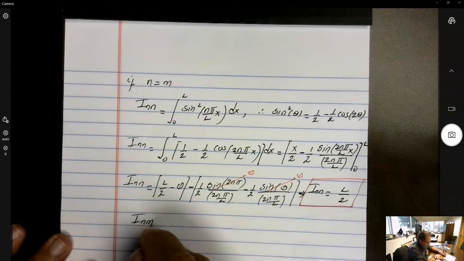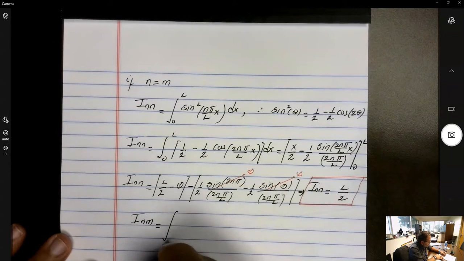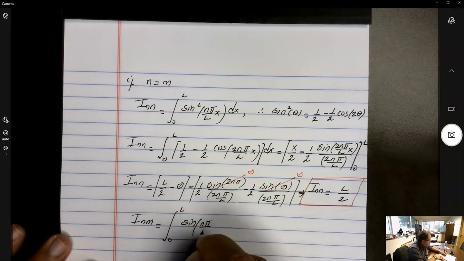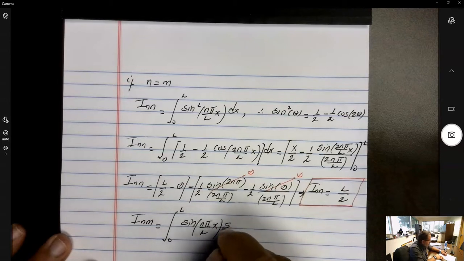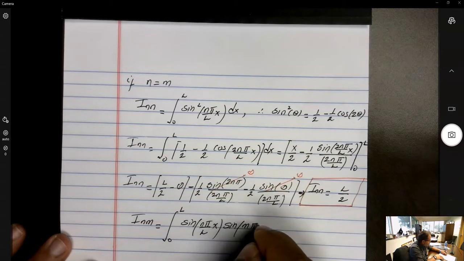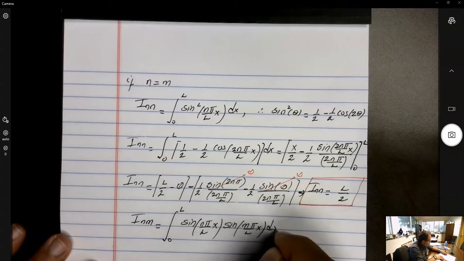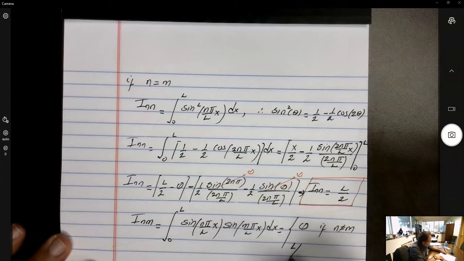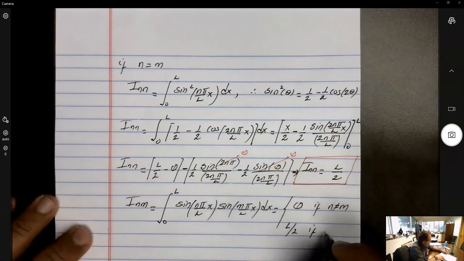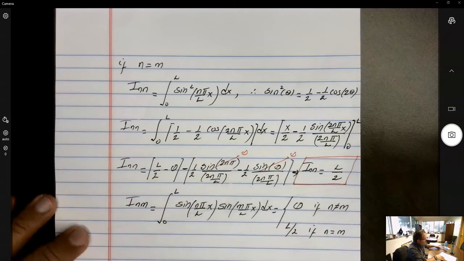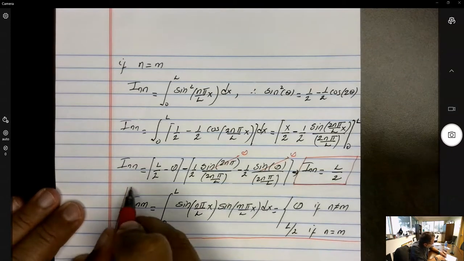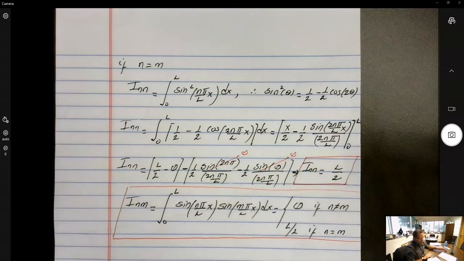So I_nm, which is the integral from 0 to L of the sine of n pi x over L times the sine of m pi x over L dx, is either equal to 0 if n is different than m, or L over 2 if n is equal to m. So thereby satisfying the orthogonality property. There we go.